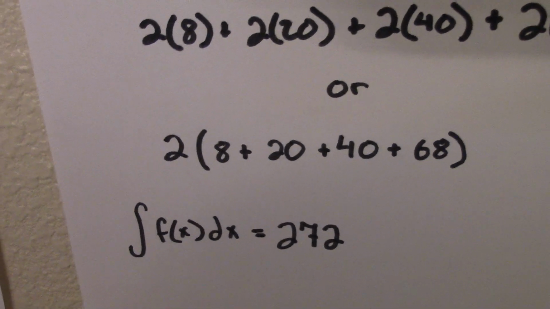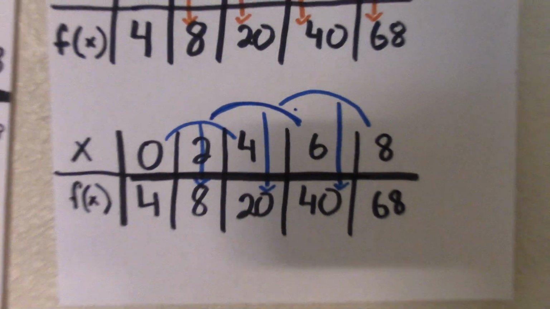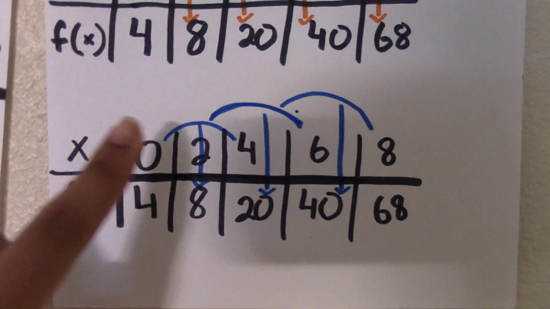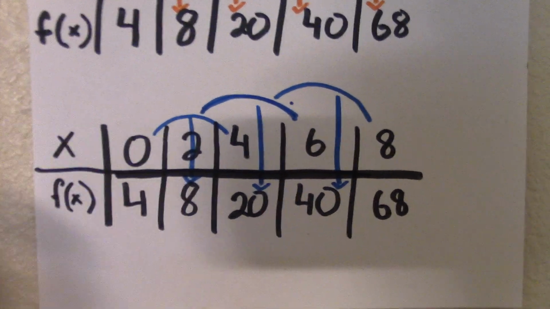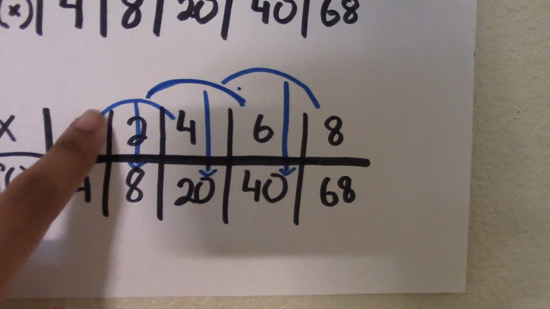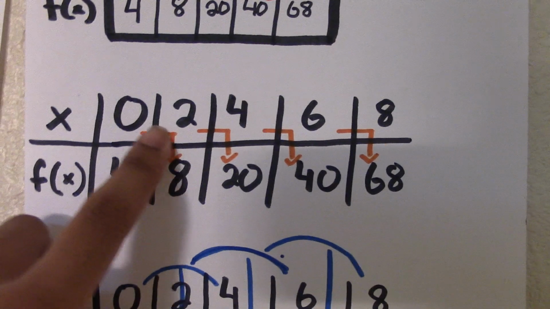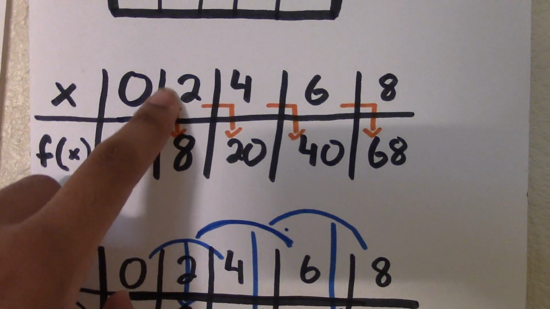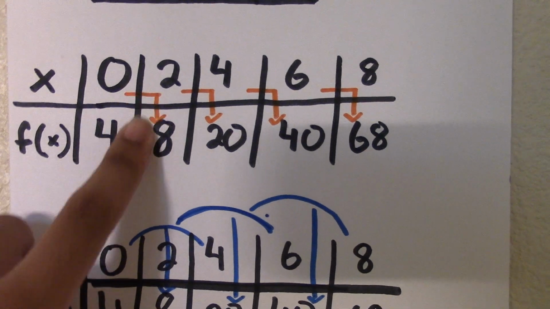It's kind of a mix, which is a little more confusing. So let me zoom out a little bit. This time, since we have a 4-step interval, you have to go between the numbers. You need something in the middle, because with the left and right, I'm just using the right example, there was no middle point between 0 and 2 that they wanted us to use for this one.